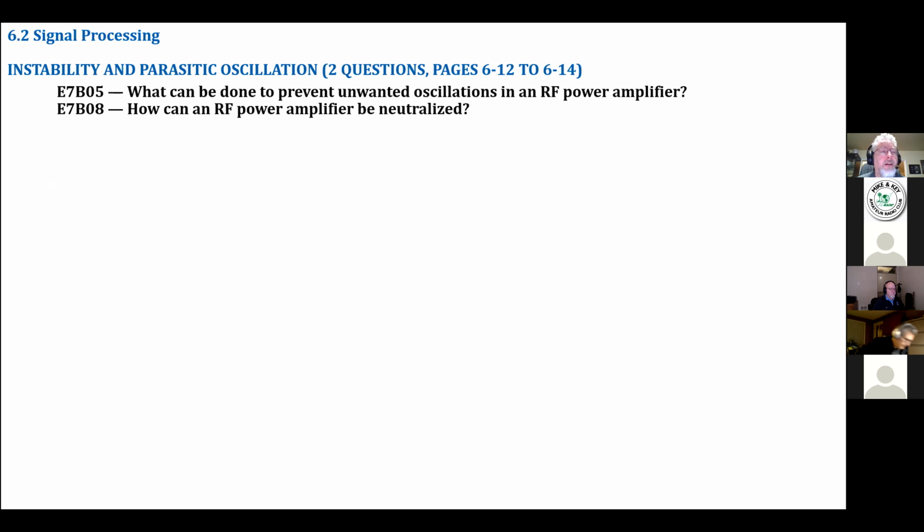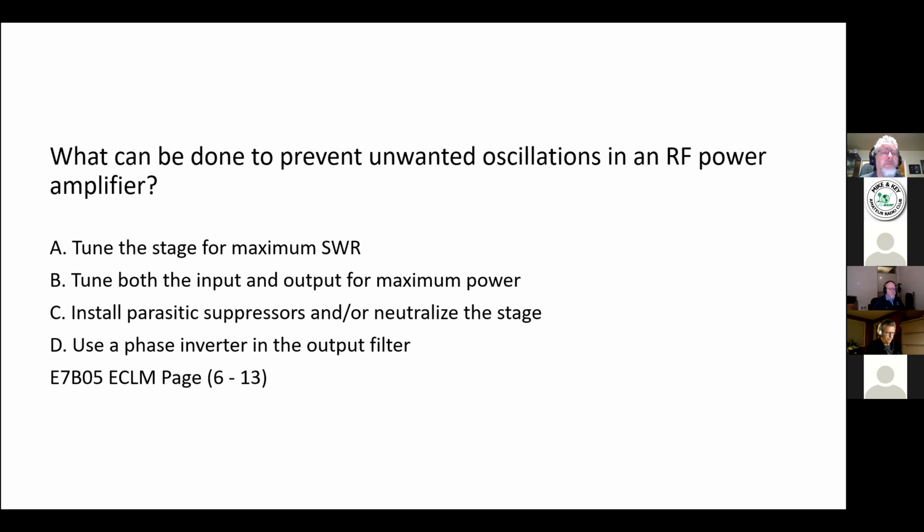Do a couple on signal processing instability. What can be done to prevent unwanted oscillations in an RF power amplifier? A, tune the stage for maximum SWR. B, tune both the input and output for maximum power.